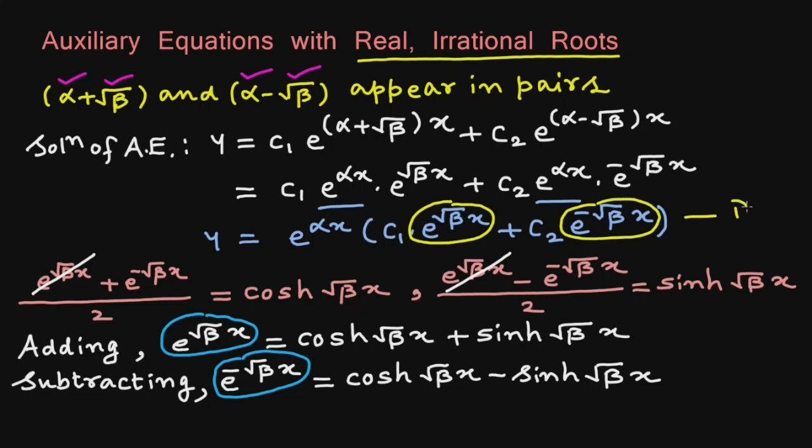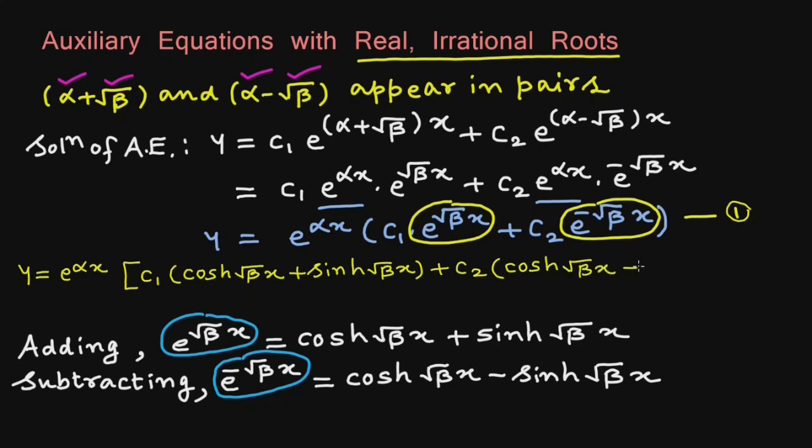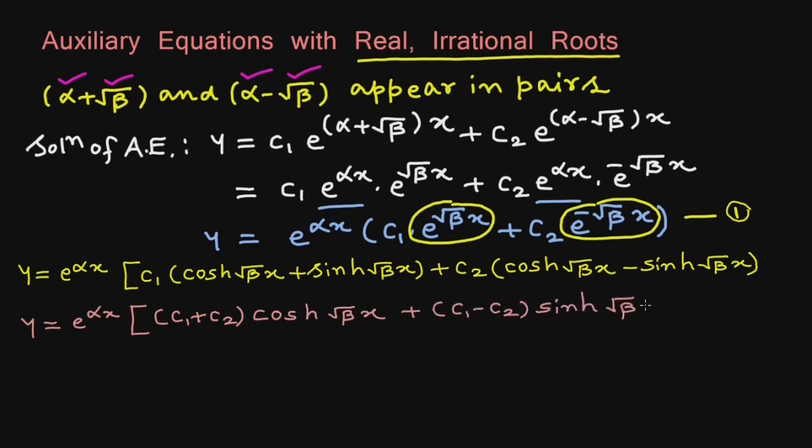in equation 1. So equation 1 becomes y equals e raised to alpha x into c1 into cos h root beta x plus sin h root beta x plus c2 into cos h root beta x minus sin h root beta x. By rearranging the terms, we get y equals e raised to alpha x into c1 plus c2 cos h root beta x plus c1 minus c2 sin h root beta x.